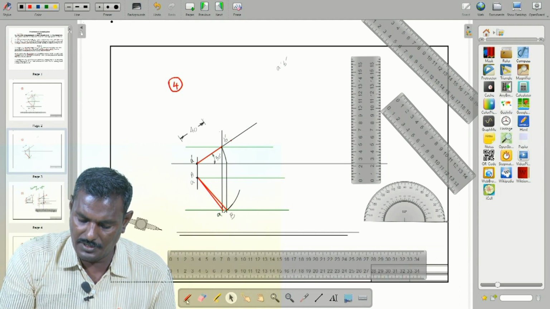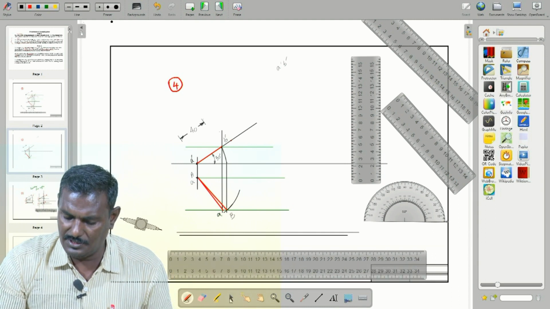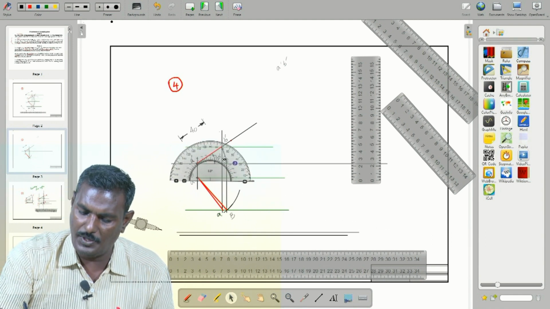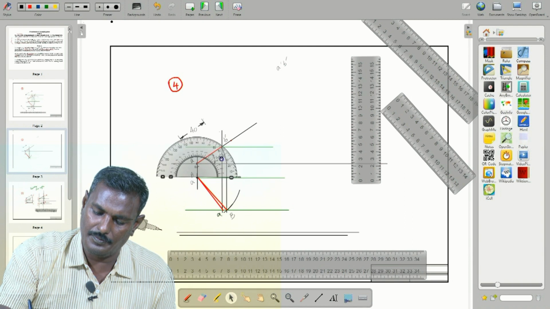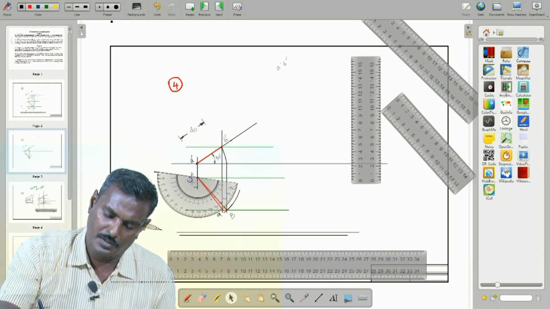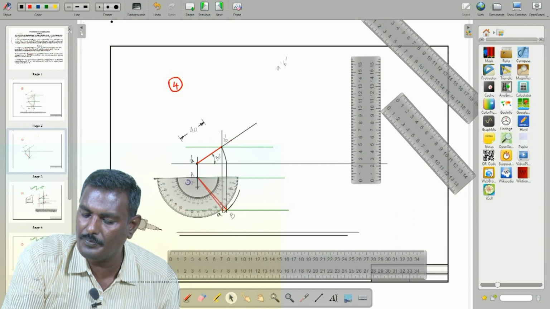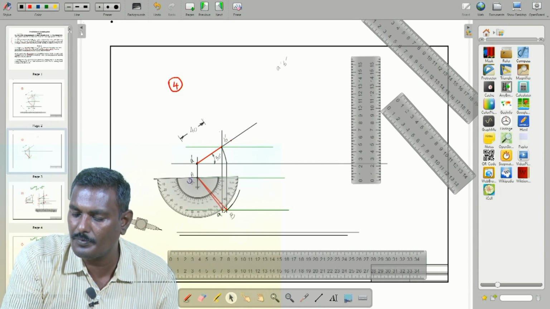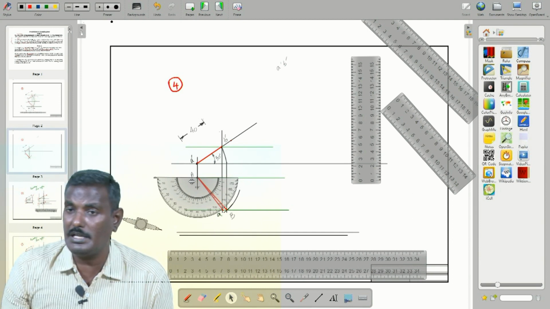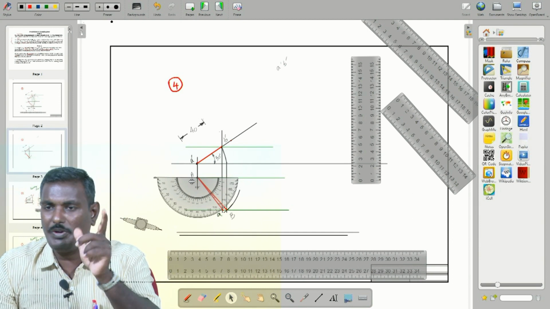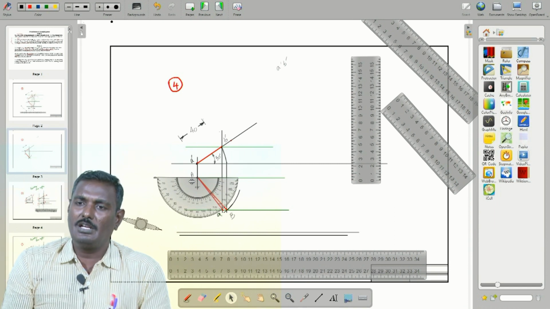Now placing this protractor here, and find out what the inclination is. Inclination to VP means true inclination.